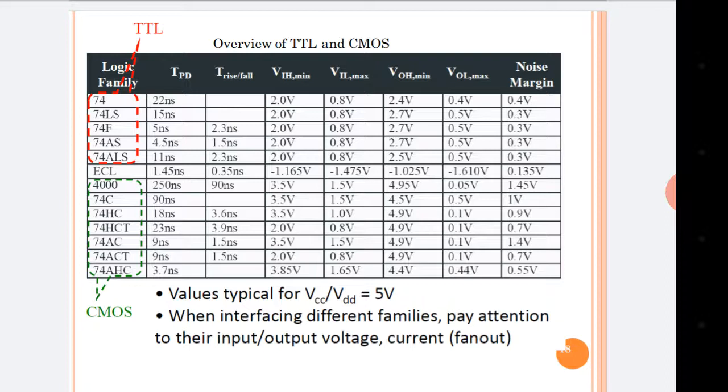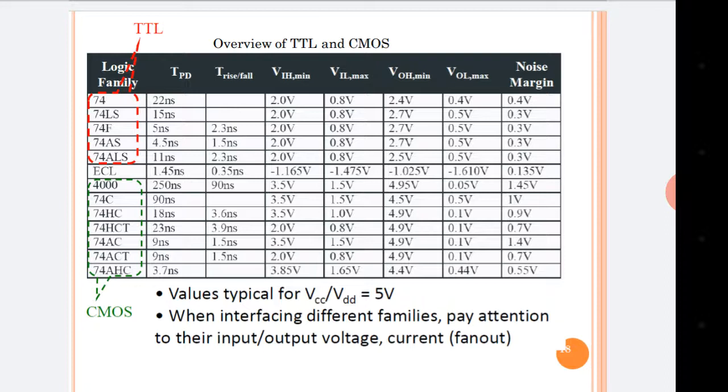Then below that in green color CMOS logic families are there. You will observe the propagation delay is ranging from 3.7 nanoseconds up to 90 nanoseconds. Then rise and fall times, high and low level input and output voltages are also given, and the noise margin.